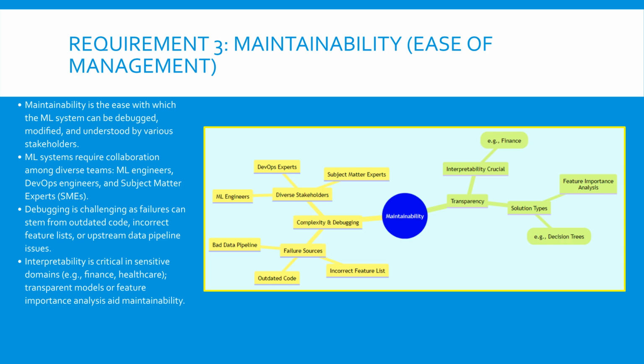The other major branch is transparency, where core interpretability is crucial, particularly in heavily sensitive domains like finance and medical diagnostics, where algorithmic decisions must be fully justifiable to authorities. To effectively address this transparency requirement, organizations must strategically employ solution types, like meticulous feature importance analysis, or by opting for inherently transparent models, such as simple decision trees, over complex, hard-to-explain deep learning networks.